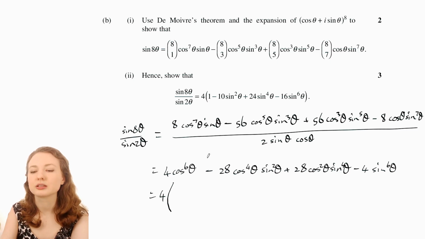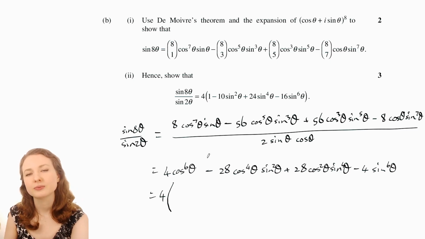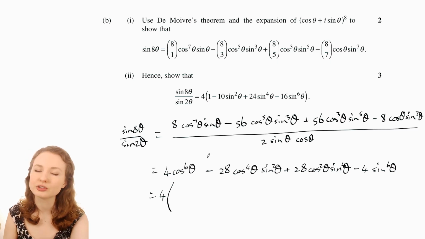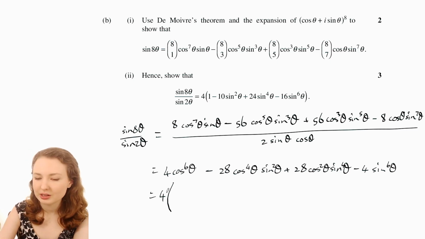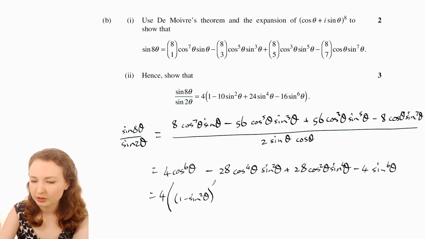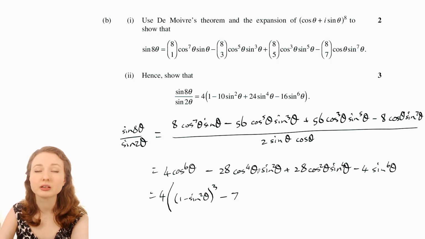Now we have to write everything in terms of sine. So this cos to the 6th, you can think of that as cos squared theta to the power 3, and cos squared is 1 minus sine squared. So we've got 1 minus sine squared theta cubed. That divided by 4 is 7 cos to the 4th theta.